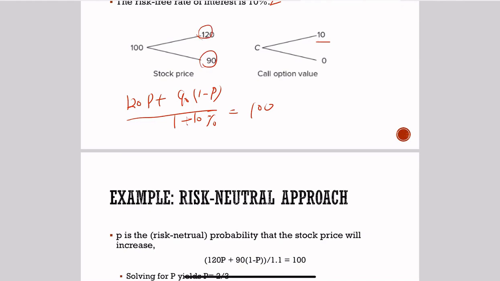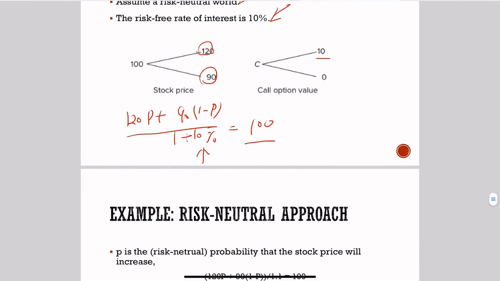And I discount these payoffs at the risk-free rate. And the discounted value should be 100. So why would this hold? Well, because we're in this fictional risk-neutral world.